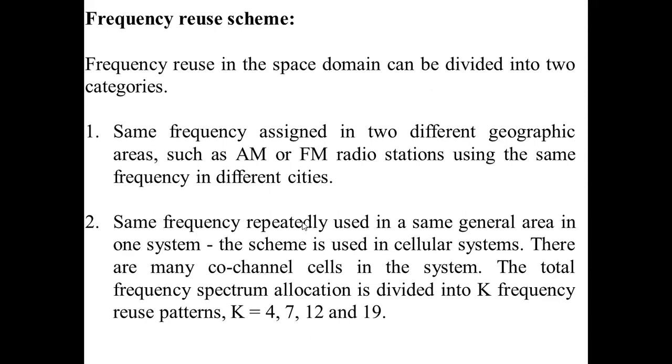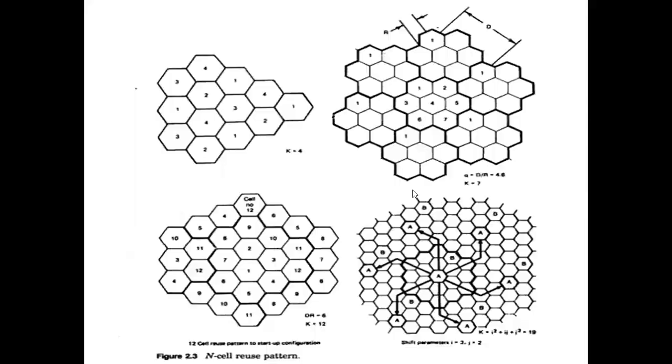Now I will show k equal to 4, 7, 12, or 19 in the further slides. As you can see, 1, 2, 3, 4, then again 1, 2, 3, 4. Means the whole geographical area is divided into only 4 cells, and these 4 cells are repeated in different areas.